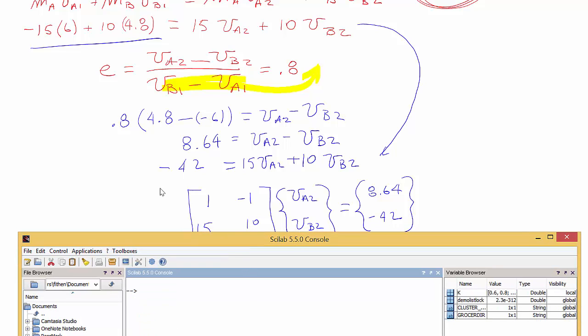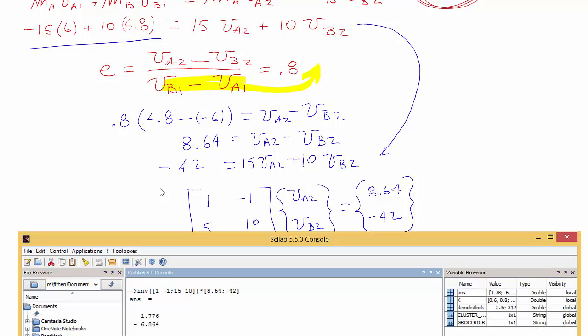Do a clear, and then I'll do inverse of a matrix, which is 1 minus 1, 15, 10. Okay, going to invert that matrix times what would appear to be 8.64 and minus 42.